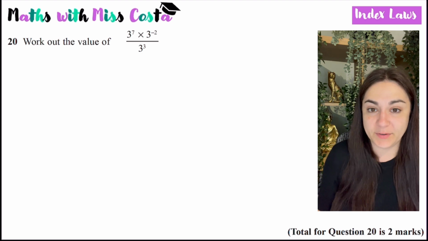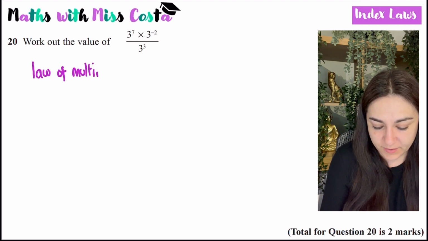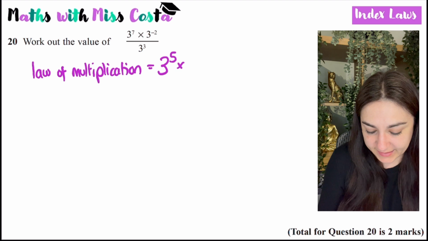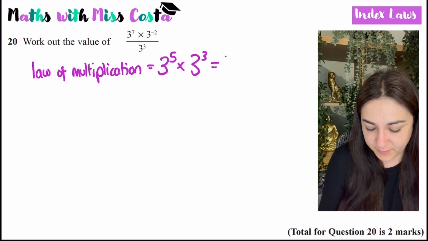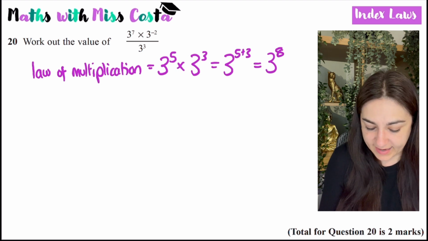Okay, next we've got index laws. The two key things that we need to know are the law of multiplication, which is that when you multiply indices, so let's say you've got 3 to the power 5 times 3 to the power 3, you add the indices.